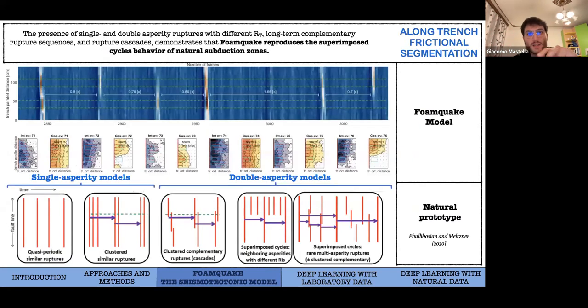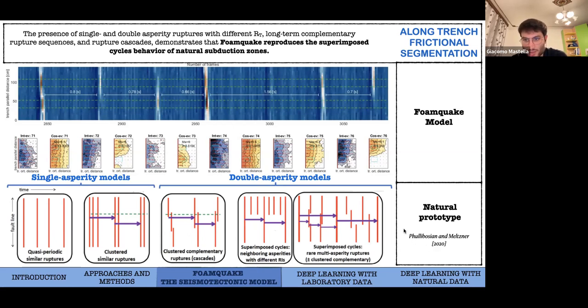So all of this observation demonstrates that FOAMQUAKE can reproduce what is called the superimposed cycles behavior of natural subduction zones, which is a behavior that includes all the observations that I showed you so far.